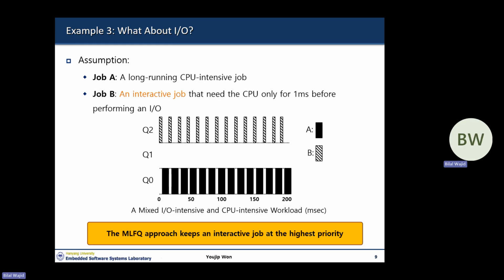Because B is behaving very politely and relinquishing the CPU in every time slice, B retains the highest priority. So an interactive job is always placed at the highest priority.